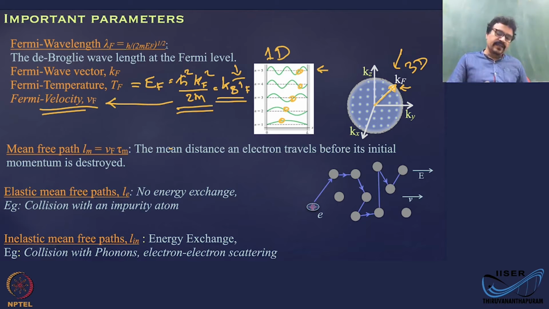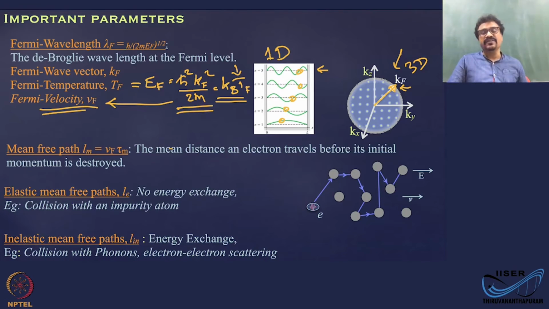And in quantum transport, to understand or to classify whether the system is going to execute quantum transport or not, probably the most important parameter is the Fermi wavelength, because you always compare the dimension of the system with the Fermi wavelength of the electron.